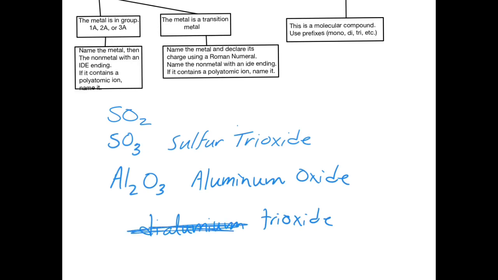Why say dialuminum trioxide when there could only be one possible name for it, aluminum oxide? We have to specify with sulfur and oxygen, we have to say that there are 3 oxygens there, because in fact, if you weren't given that information, that could be 2 oxygens. That could be sulfur dioxide, okay?